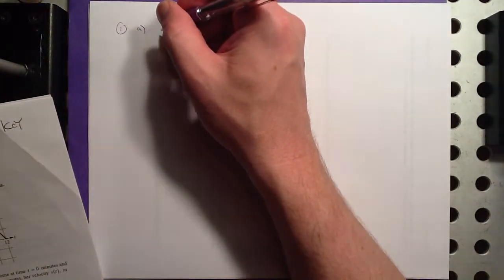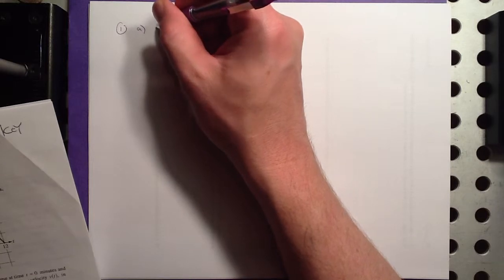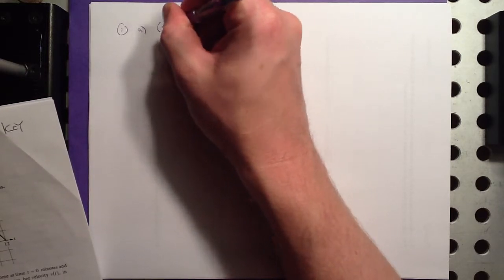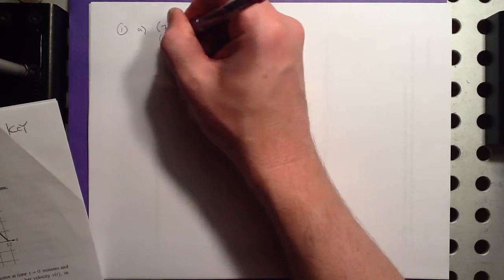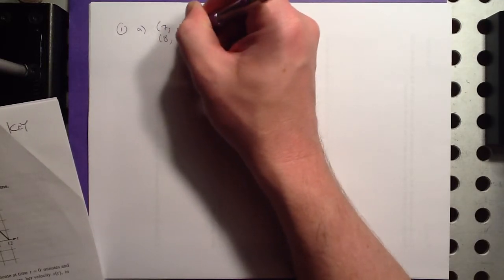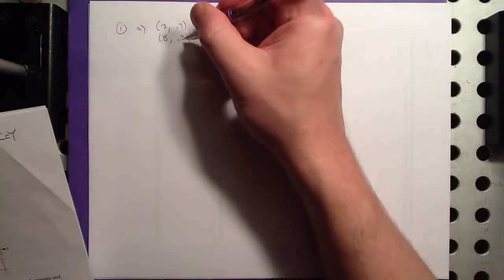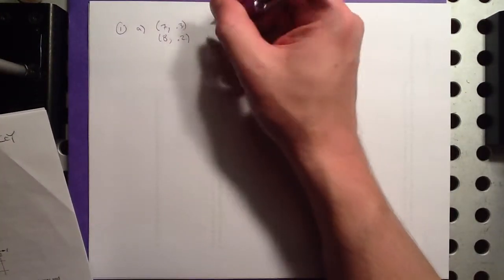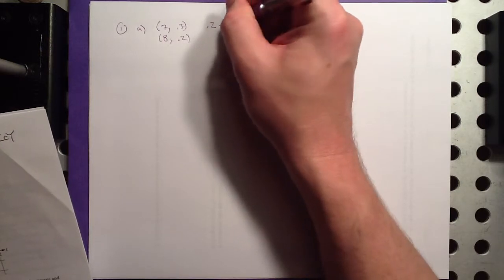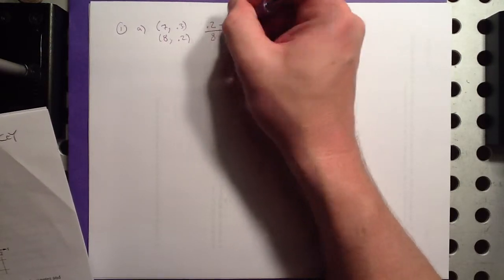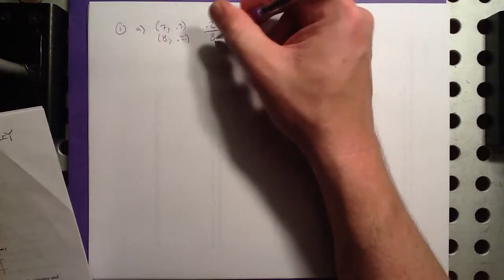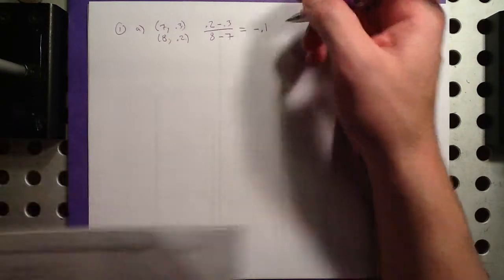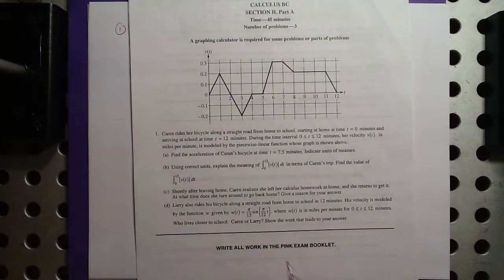Taking 2 points on that straight line, at time 7 the velocity is 0.3, and at time 8 the velocity is 0.2. So the slope, y minus y over x minus x, is 0.2 minus 0.3 over 8 minus 7, which is negative 0.1 over 1. And what would the units be?